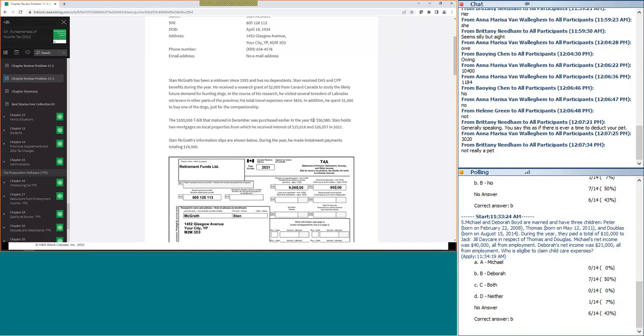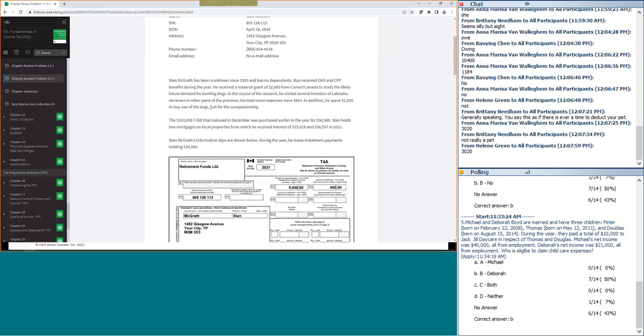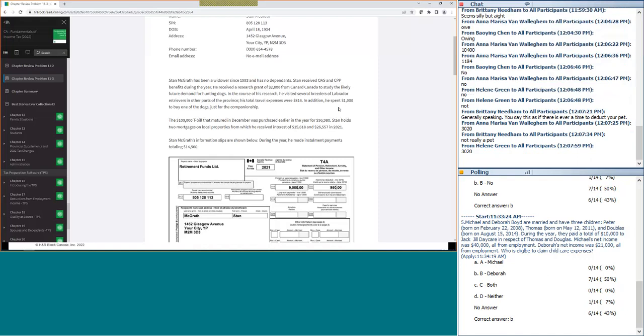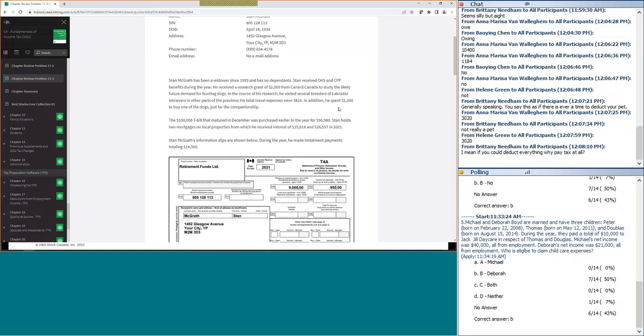All right, so Treasury bill, we're going to take the total, the face value of it, what he got, the proceeds. We're going to subtract what he bought it for, and that'll give us an interest amount. How much of that will be taxable? So we have an interest amount.